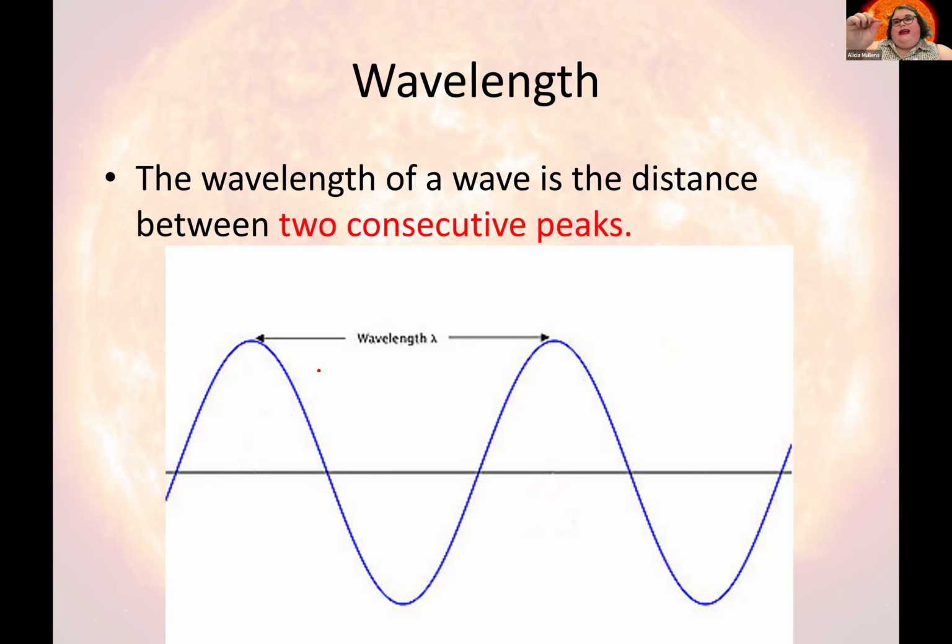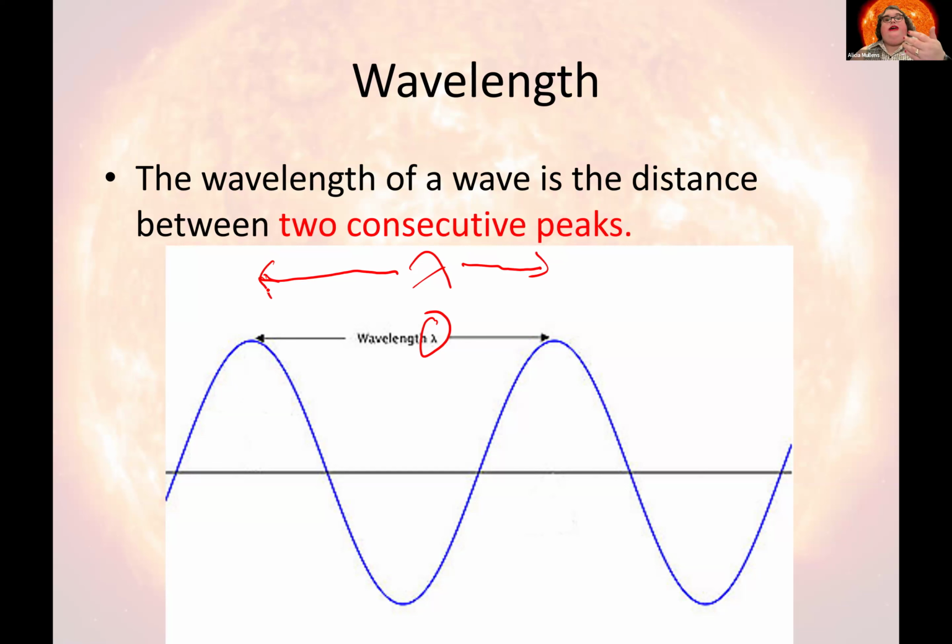When you have that electron or that particle moving up and down, up and down, that is causing a wave of electromagnetic radiation. You have a peak, then you have a bottom, then you have another peak. Well, the wavelength, which is denoted using the Greek letter lambda, because us geeks love to use Greek letters, but don't worry, I'm not making you join a fraternity or sorority, I promise, is simply the distance between two consecutive peaks.